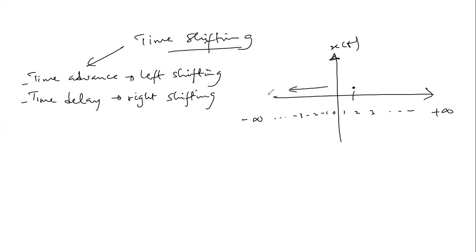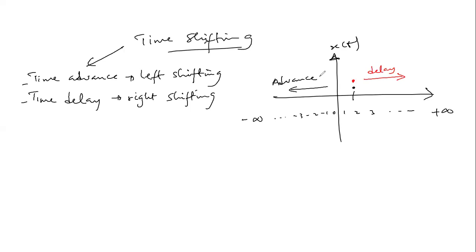It's going to shift to the left. But if, for instance, I transmit at time t equal to 2 also, and then my signal moves to the right, it is delay. So this is delay. This is advance. Does that make sense? Yes, sir.